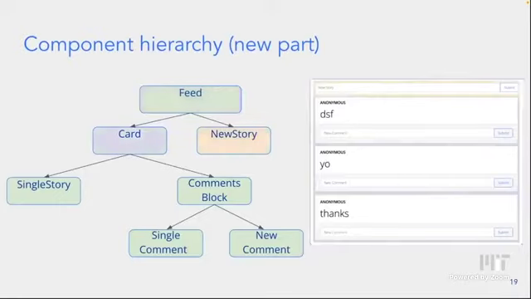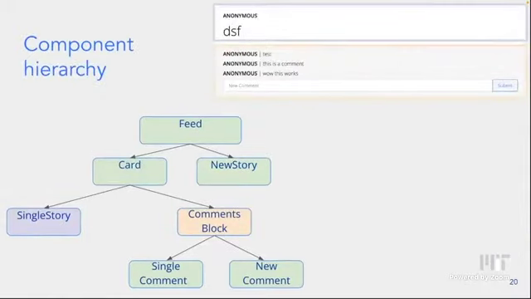And then we divide the feed into a bunch of cards, those are the cards. And also this new story part where you can have a new story. And then we divided the card into the actual story part of it and the box of comments.